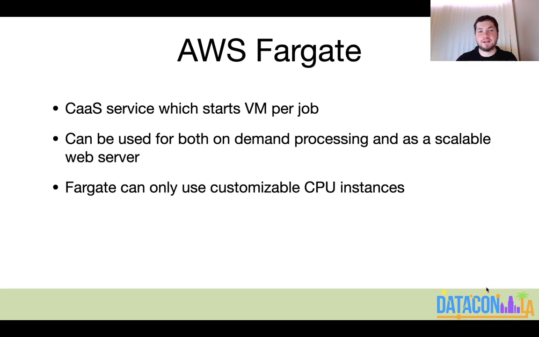Next is AWS Fargate, which is basically containers as a service which starts one VM per job, and it can be used for both on-demand processing, which we'll be using in our case, and as a scalable web server. And keep in mind that Fargate can only use customizable CPU instances, so it cannot use standard EC2 instance types.